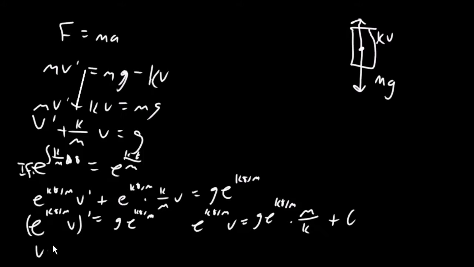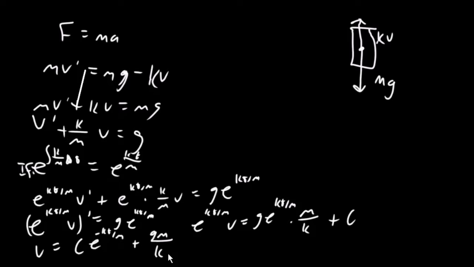So our v is equal to, if we divide by e to the kt over m, we're going to get c e to the negative kt over m plus g m over k.